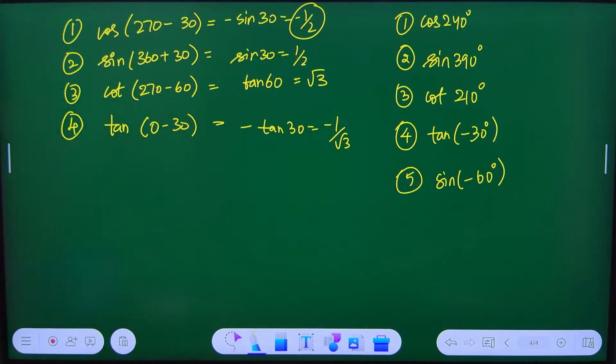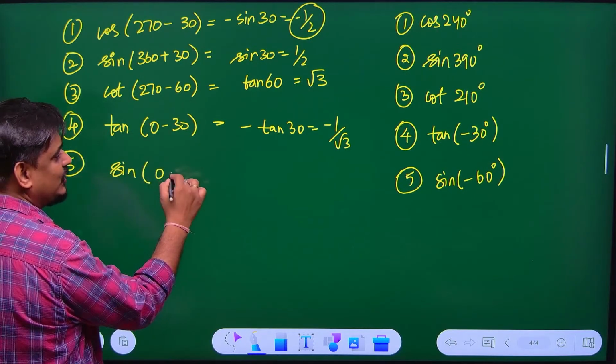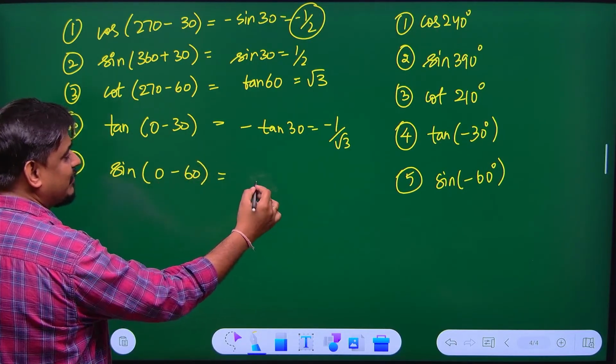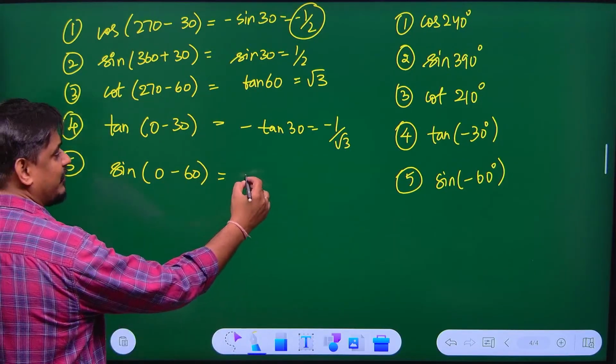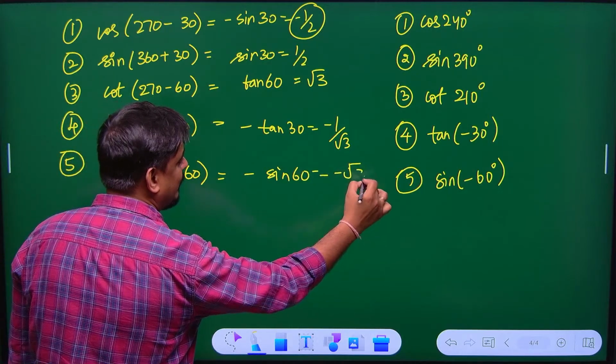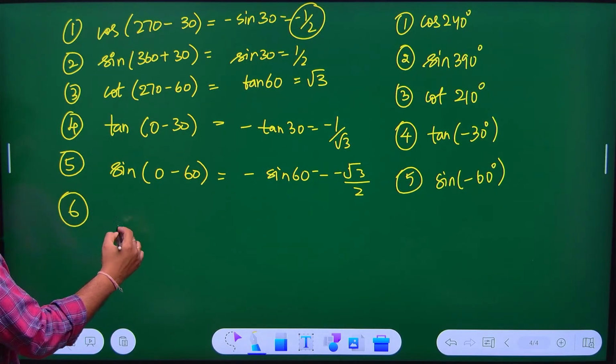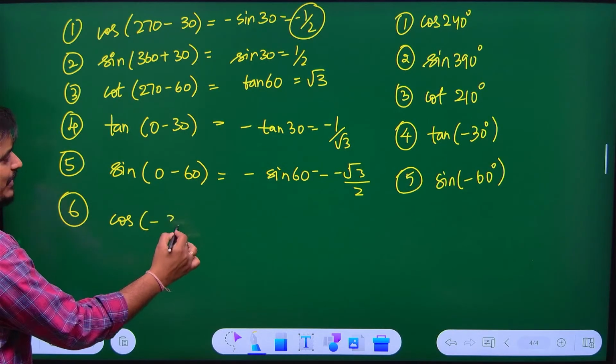Niranjan, fifth one. You try. It will become sine 0 minus 60, which will be last quadrant, negative. So minus sine 60, minus root 3 by 2. You are right, isn't it? Yes. So Nehashri, you will tell me the next question, which is cos minus 30.